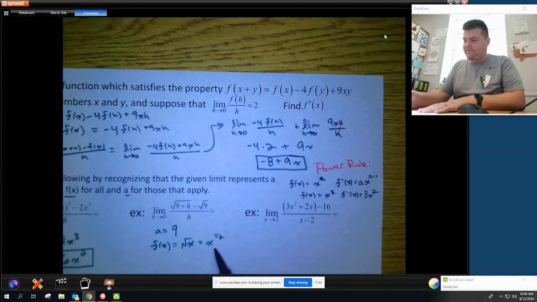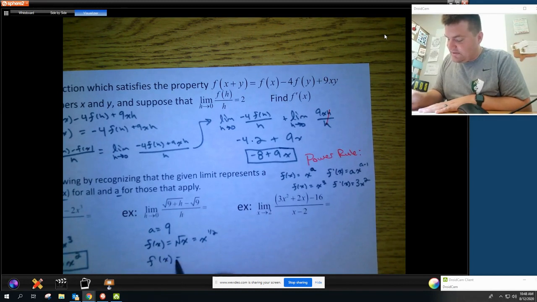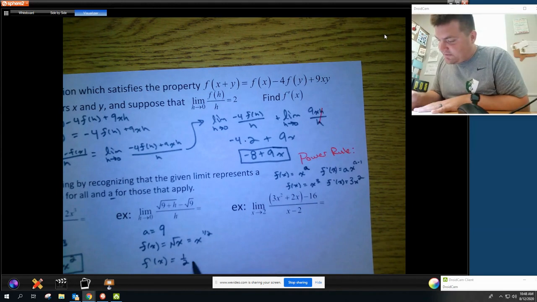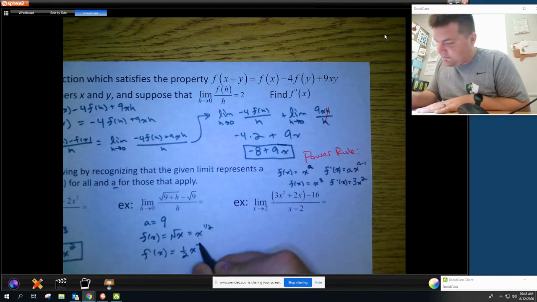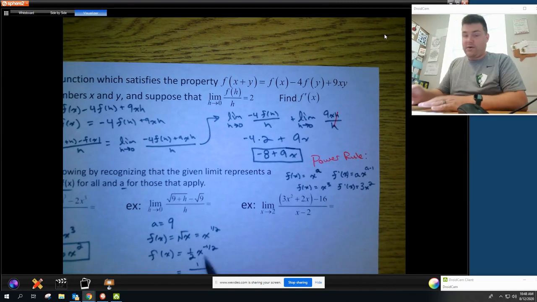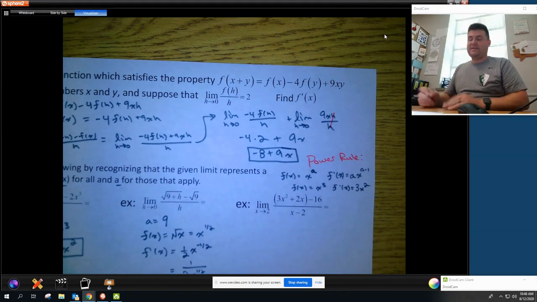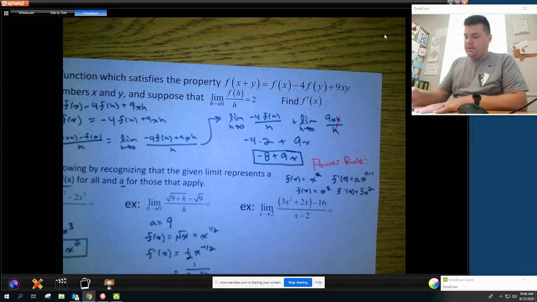So the derivative of this, f prime of x, is going to be, multiply that on the front, which is 1/2, x to the 1/2 minus 1, negative 1/2. If I want to write this a little bit nicer, I would just put that negative 1/2 on the bottom. Even nicer, looks like this, okay? That's the derivative.